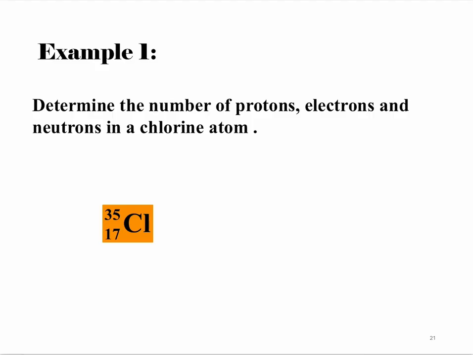And so let's look at an example here. Here we have an isotope of chlorine. If you're given this atomic symbol, what are the number of protons, electrons, and neutrons in this chlorine atom?